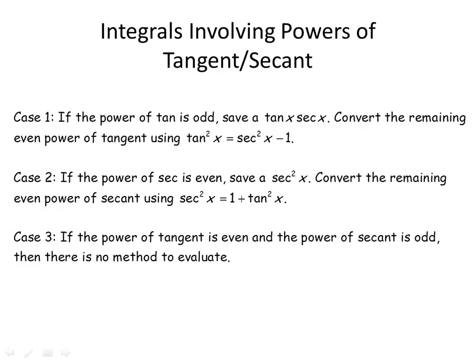And there's 3 different cases. Case number 3, I will not give you, but it's out there just so you know. Case number 3 says if the power of tangent is even and the power of secant is odd, there is no method to evaluate. There's no solution. It can't be evaluated right now.